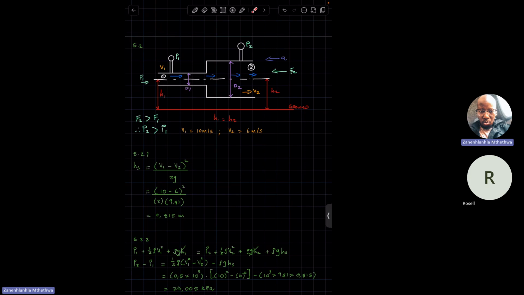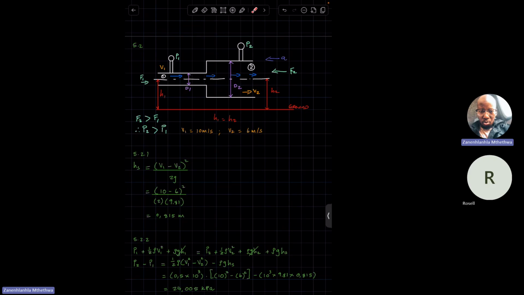That is how you calculate shock losses. If you substitute, seeing that we are given both V1 and V2, we get the shock loss as 0,815 meters.